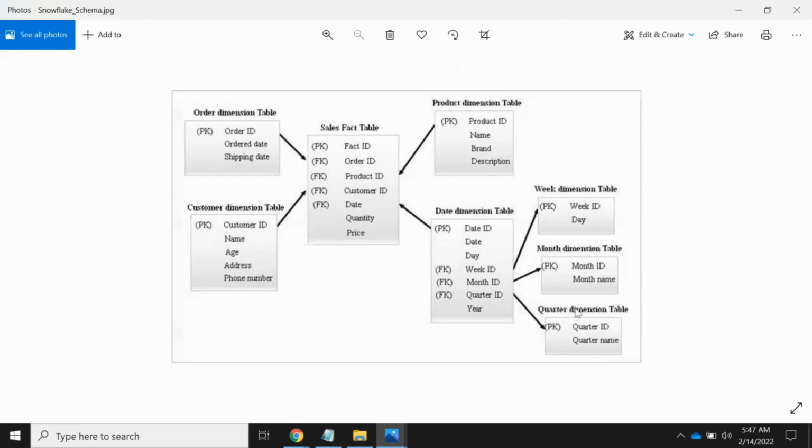They split it to handle it easily. To understand only month-related information, they can come to the month dimension. If they want only weekly information, they come to this dimension, and likewise the quarter dimension. So the time dimension is split into three more dimensions.